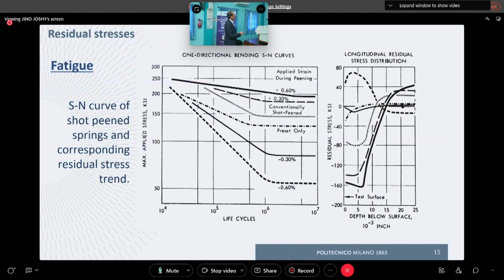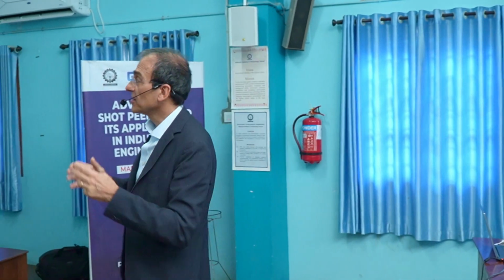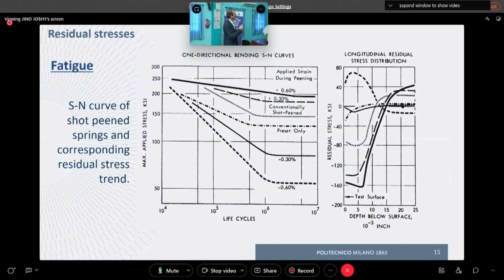This means that, imagine you have a leaf spring, and you are changing the stress, and you are using stress peening. That is to say, you are using a load that is bending the leaf spring, and at the same time you are using shot peening to peen one side of the spring. 0.3 and 0.60% means the percentage of the extra load you are applying with respect to shot peening.